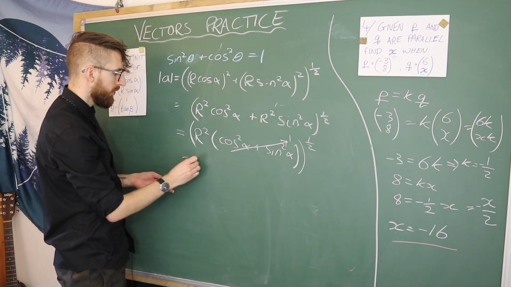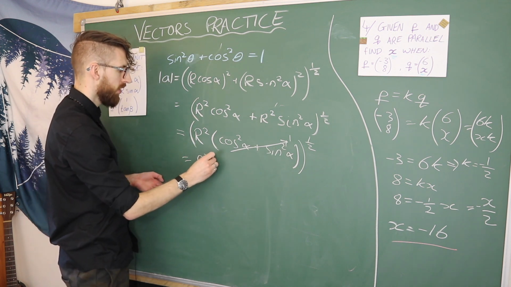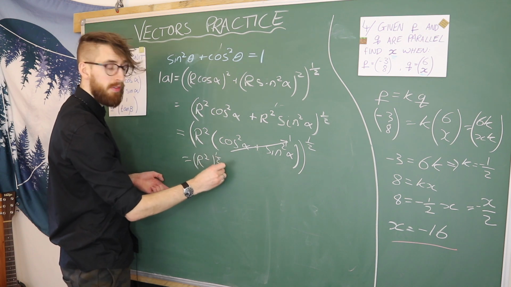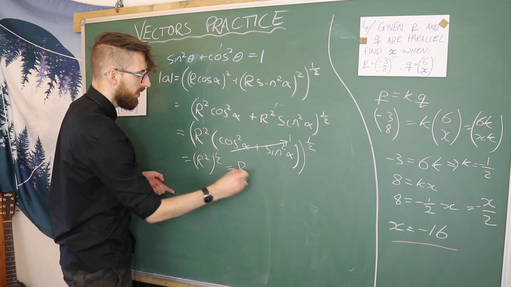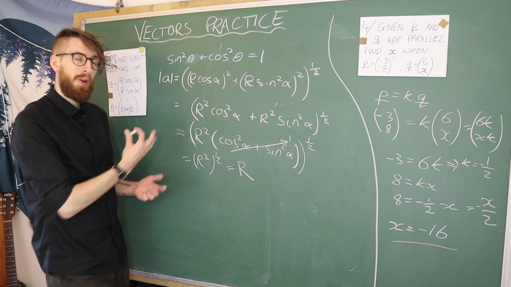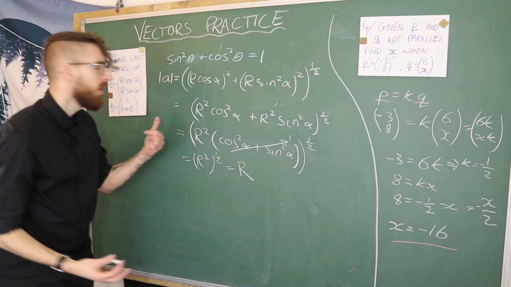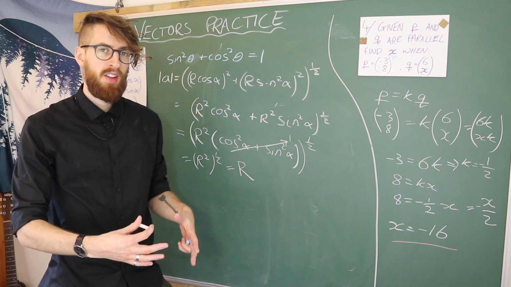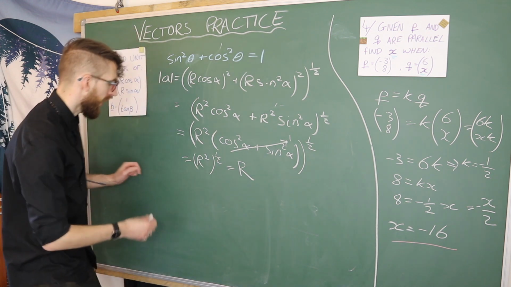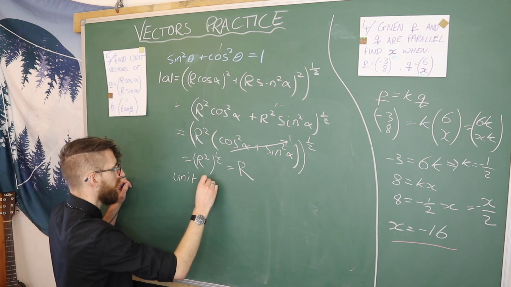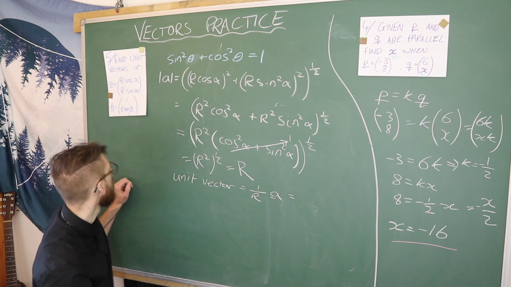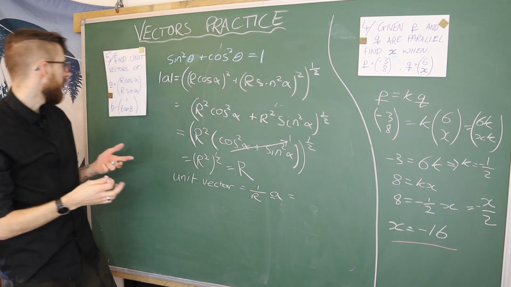So this just becomes r squared to the power of a half, which is just r. So if we want a unit vector in the direction of A, what we need to do is divide A by this. So unit vector, and it's just going to cancel those r's out.